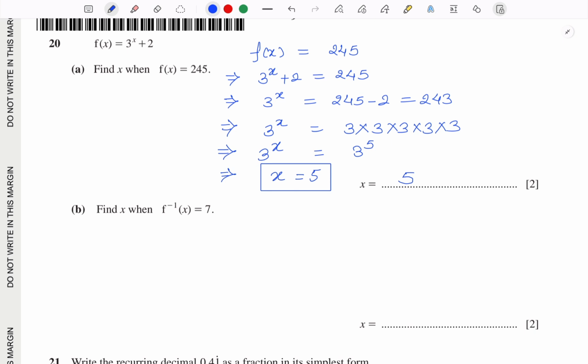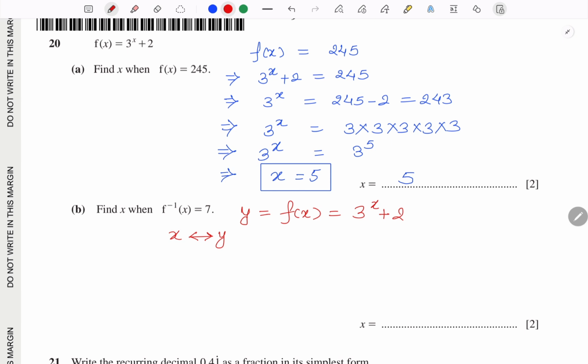The next part is we need to find the value of x when f inverse x is equal to 7. We know that f(x), or y, equals 3 raised to the power x plus 2. To find the inverse we need to interchange x with y.